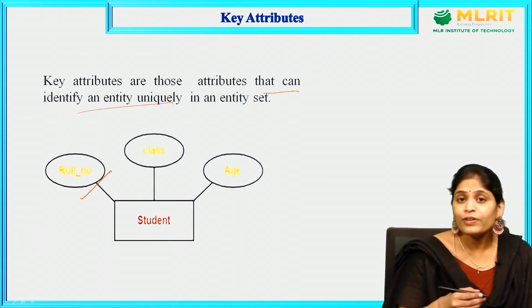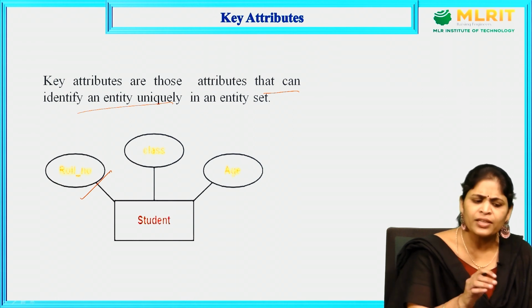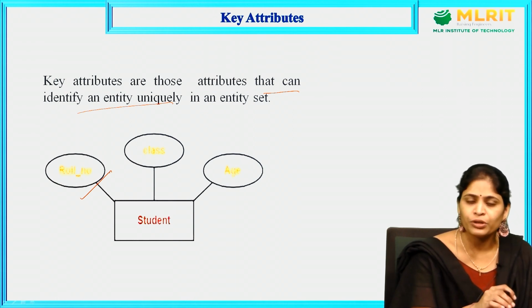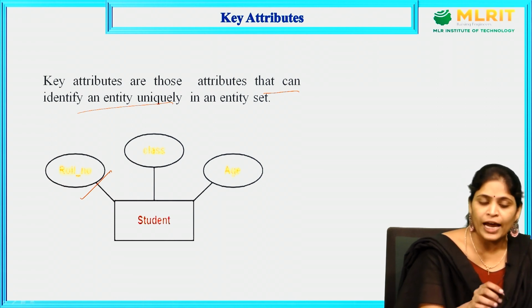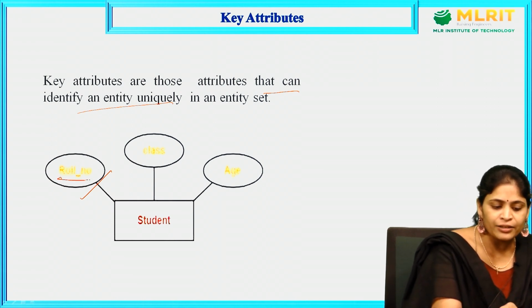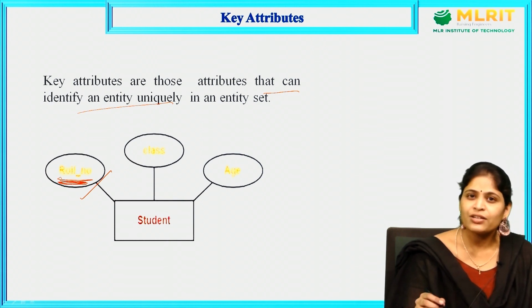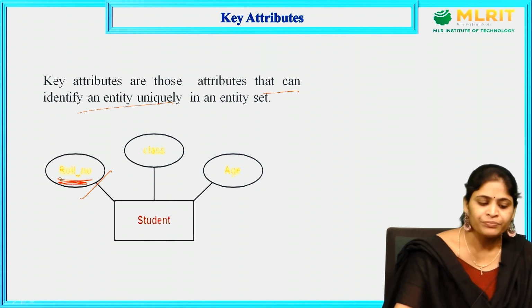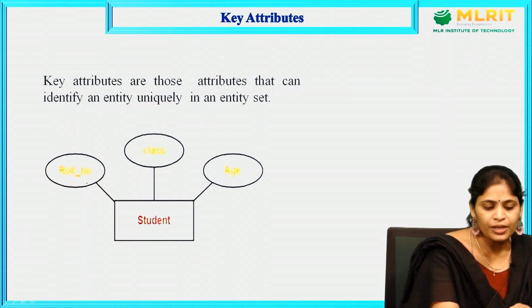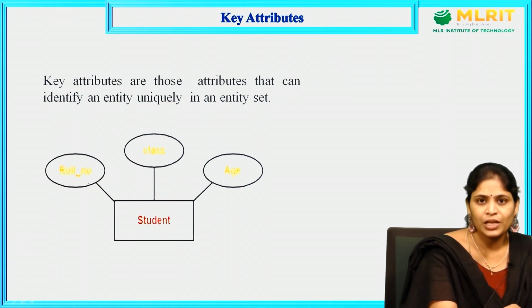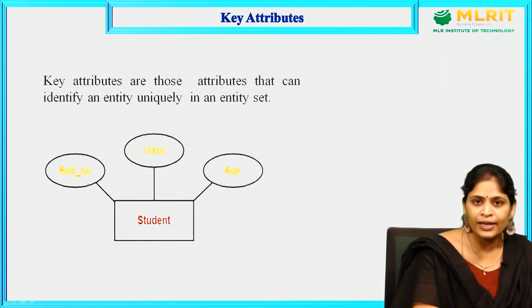How are we able to identify that this one is a key attribute? By using this diagrammatic representation. If an attribute is underlined, then we can consider it as a key attribute. Right. So here if you observe roll number, we have underlined this one, so it can be considered as a key attribute.